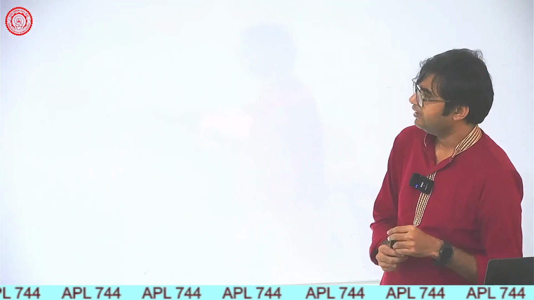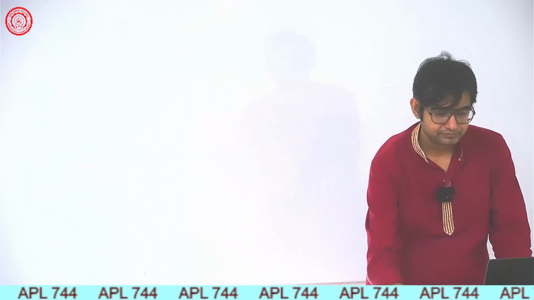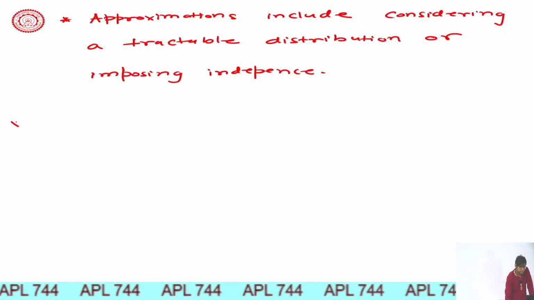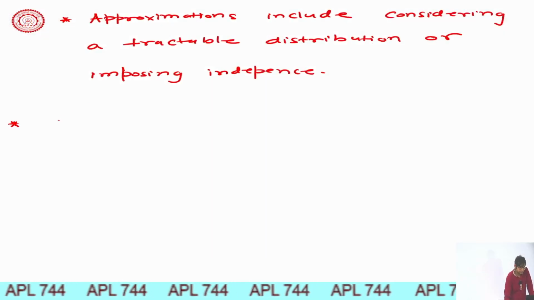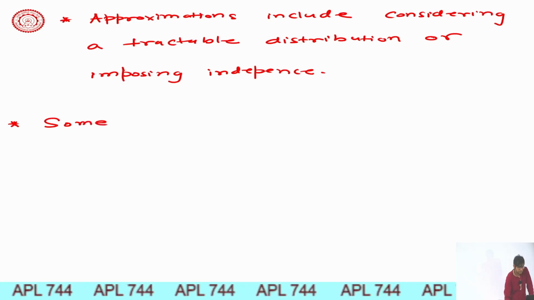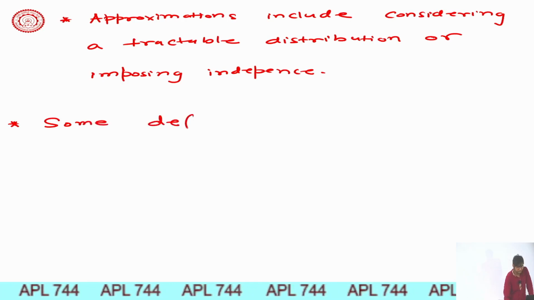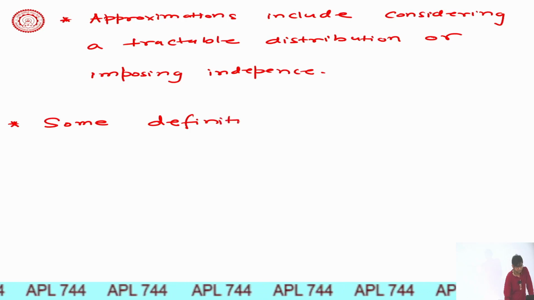Okay. So now let us introduce some definitions that we will be needing in the context of approximate inference. Some definitions, and with these definitions we will formalize the problem.